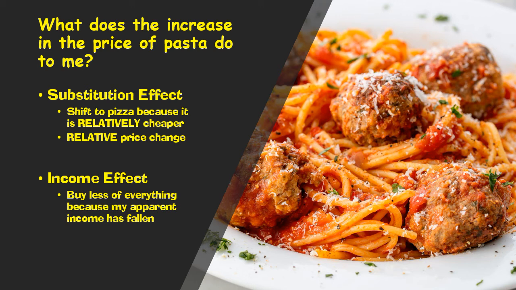The income effect says I probably eat out less. The fact that the price of pasta has gone up means I probably eat out less, which means I'm probably going to eat less pizza too. Not just less pasta, but less pizza too. I'm just going to shift to more pizza, less pasta, but I'm probably going to eat out less in general.